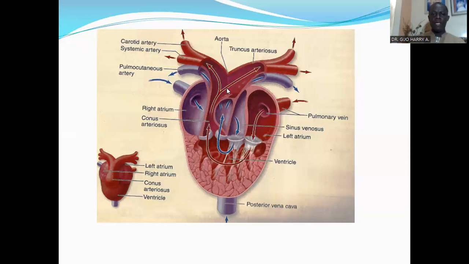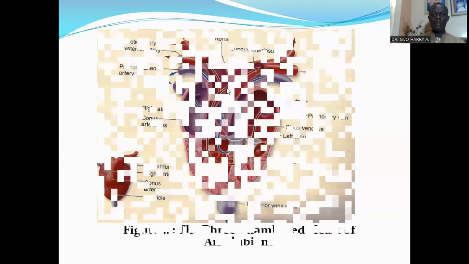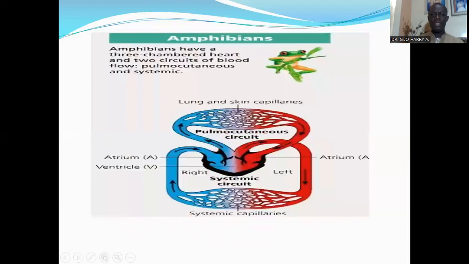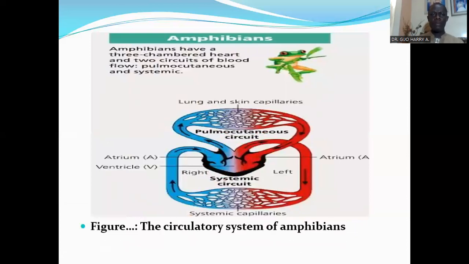Now, here is a more advanced figure of the circulatory system of the amphibians. Amphibians have a 3-chambered heart and 2 circuits of blood flow: pulmocutaneous and systemic.